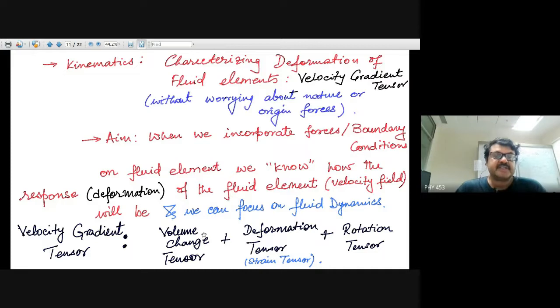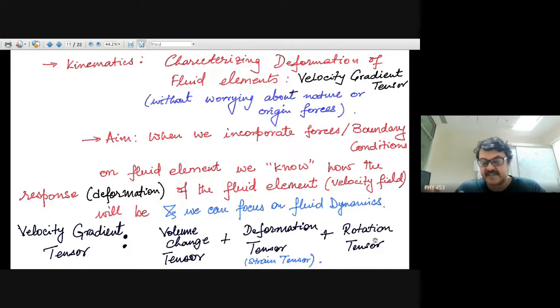By the end of today's discussion, what I expect is not only to discuss the velocity gradient tensor, but also how to break it up into three parts. Depending upon what the three parts are, it can be used. Certain parts of the tensor will characterize the volume change in the fluid element if it is a compressible fluid, and some other part will be the deformation tensor, and some other part will be the rotation tensor.